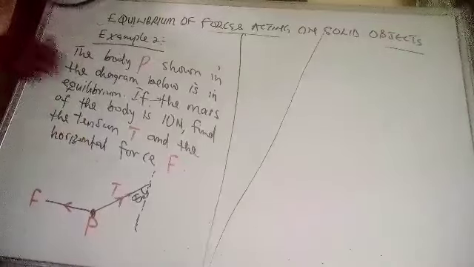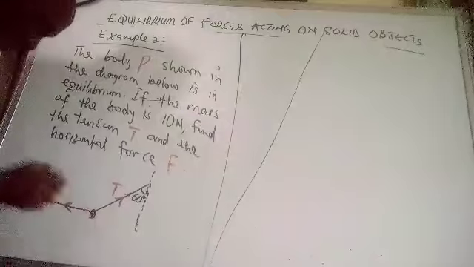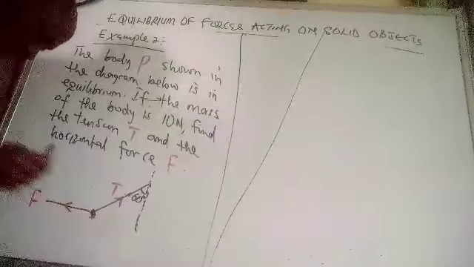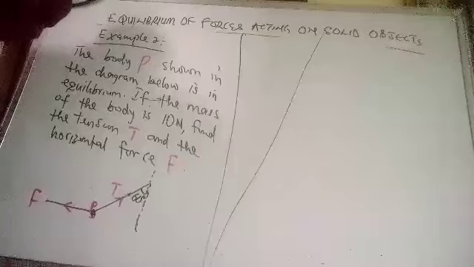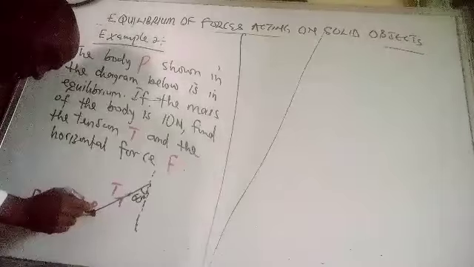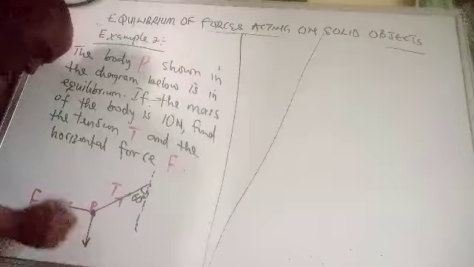That means let me write the P up here. This is body P. So the weight always acts downward. That means I can represent the weight of this one here.